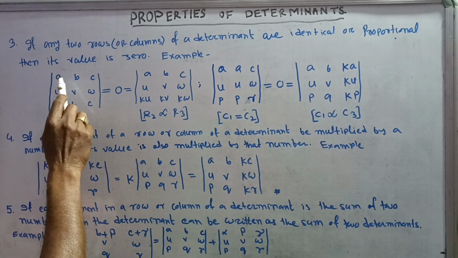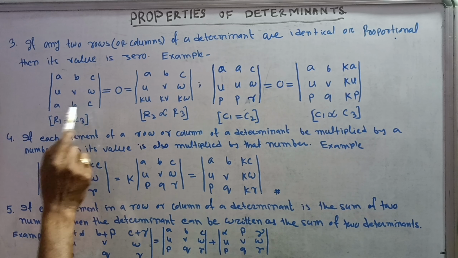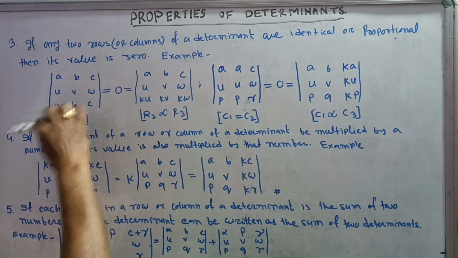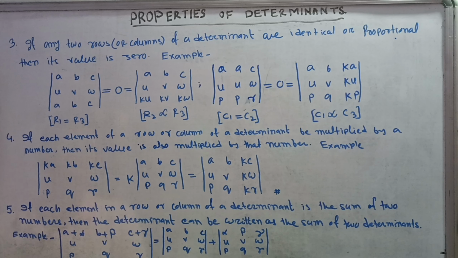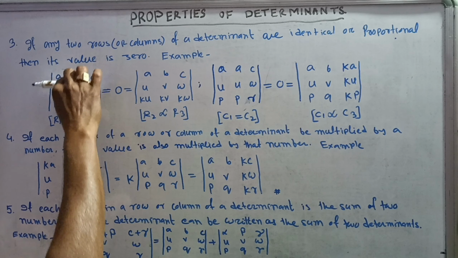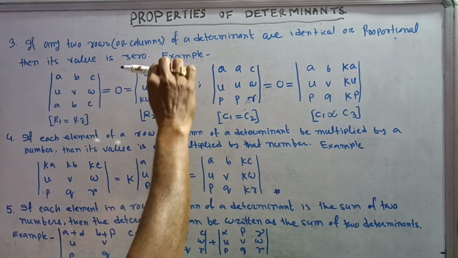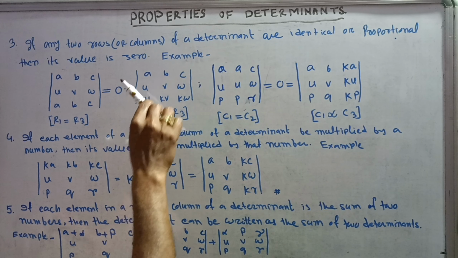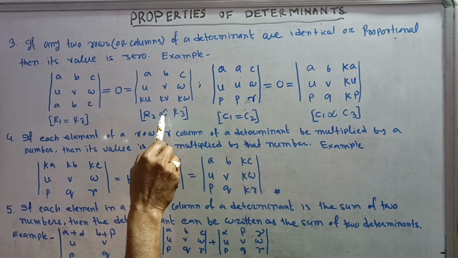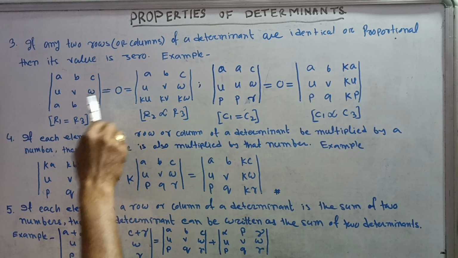First row A, B, C, second row U, V, W, third row A, B, C. Now here we can see that R1 is equal to R3. So the first row and third row are identical, so it becomes 0. Here also the second row and third row are proportional, that is R2 is proportional to R3. This row and this row are proportional, so this is equal to 0.